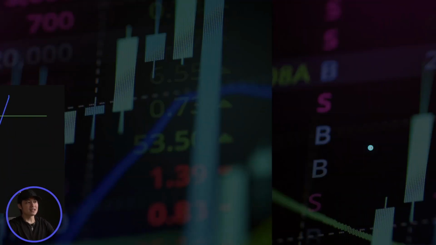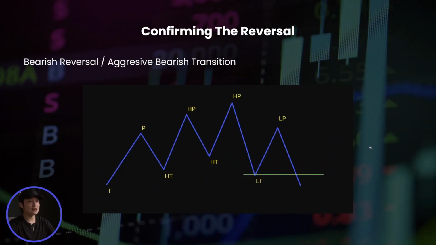Okay, so the next one is the bearish reversal, or the aggressive bearish transition. For the bearish one, the price makes a higher trough, higher peak, higher trough, higher peak. Instead of creating another higher peak, the price failed and creates a lower trough right here.